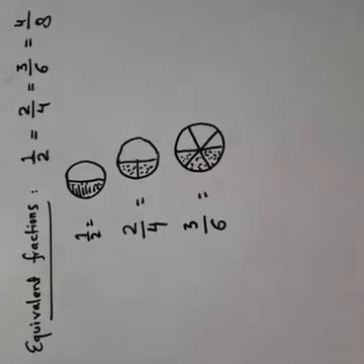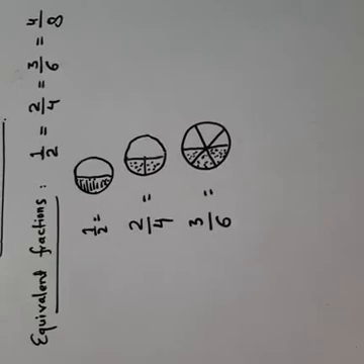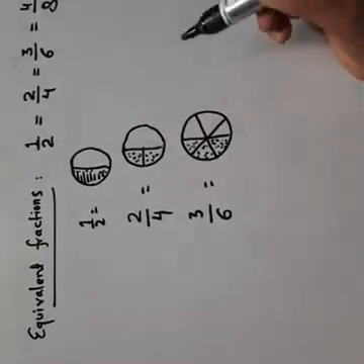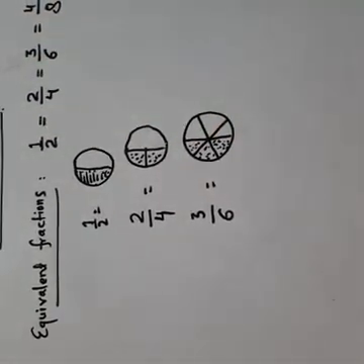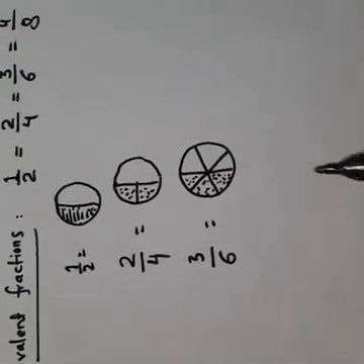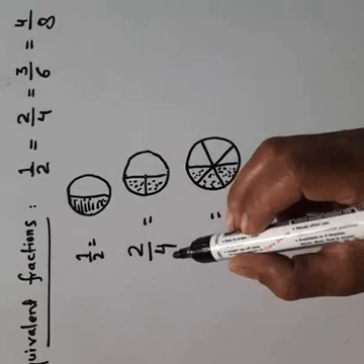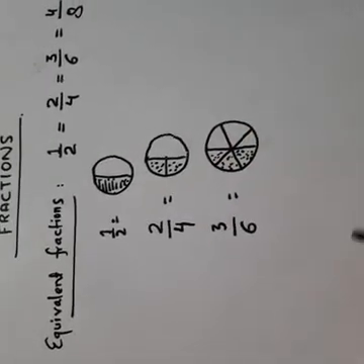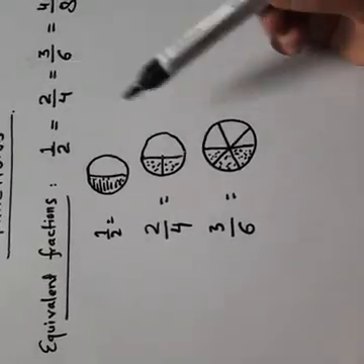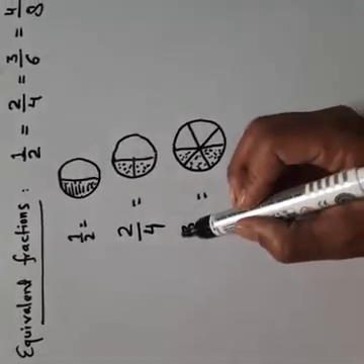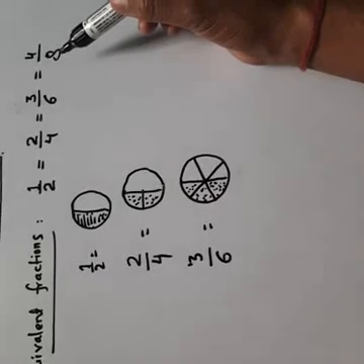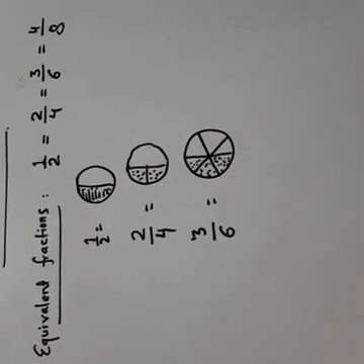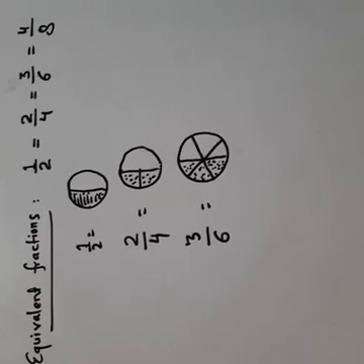So again, you can see the same part was taken, 1 upon 2, because half the bread was taken all the time. So 1 upon 2 equals 2 upon 4, 2 upon 4 equals 3 upon 6, all three are equal, so these fractions are equal fractions. And similarly, you can understand what is 4 upon 8. So this is the way of understanding what equivalent fractions are.